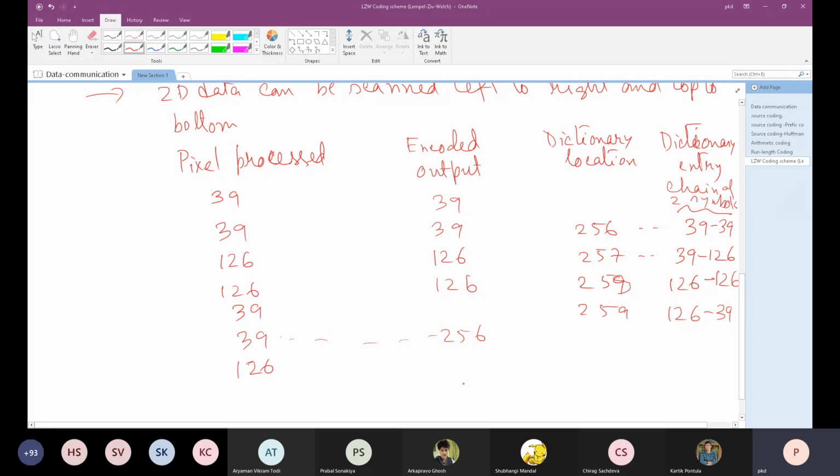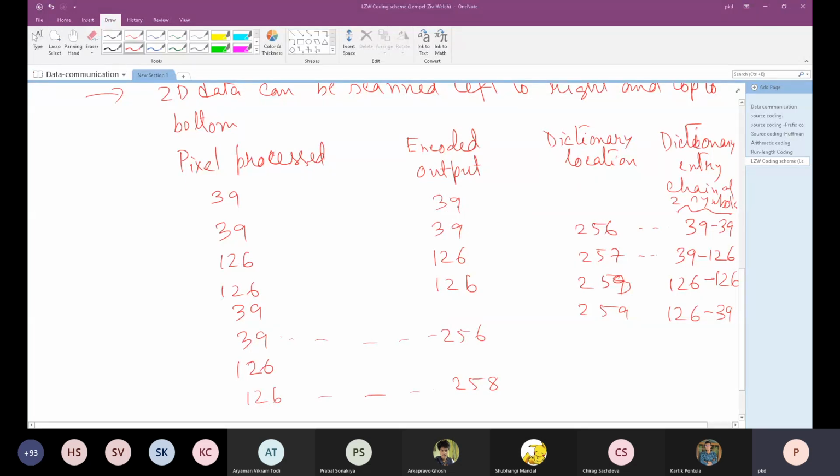126 and 126 we will replace with 258 like that. So basically the first four values we have, the encoded output has been given as it is.